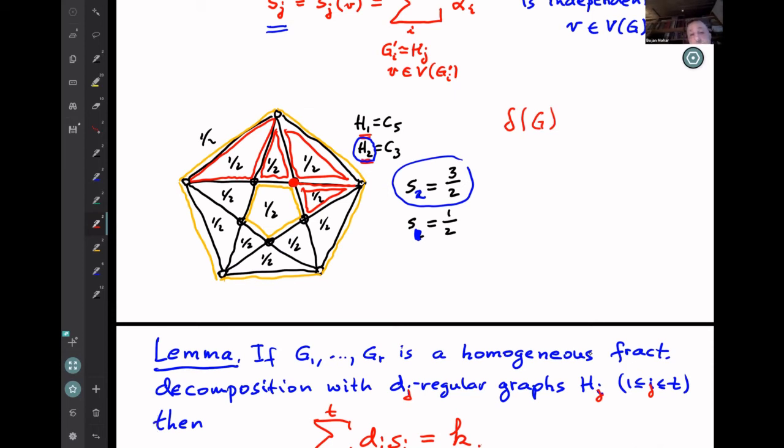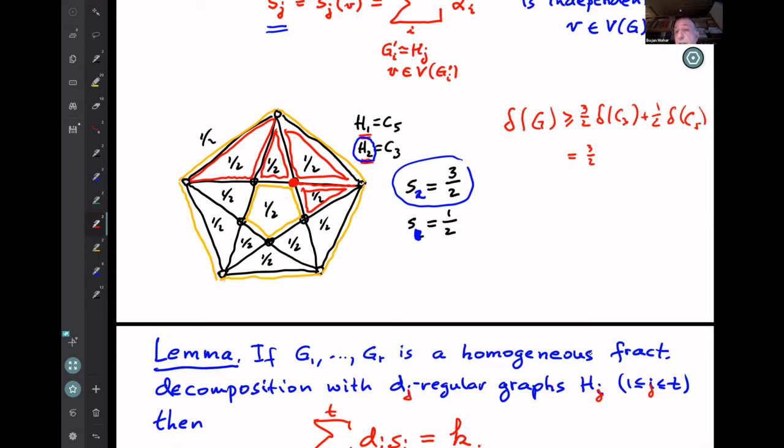This graph is 4-regular, so the difference between the smallest eigenvalue of this graph and -4 is at least S2 times 3/2 times the spectral gap of C3, plus 1/2 the spectral gap of C5. The spectral gap of C3 is 1, so this is 3/2.